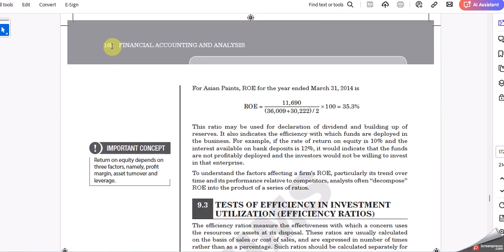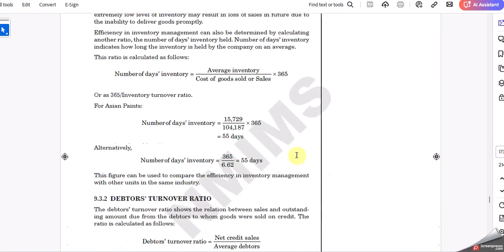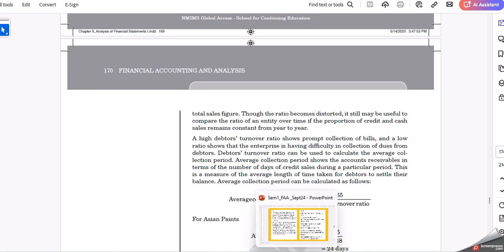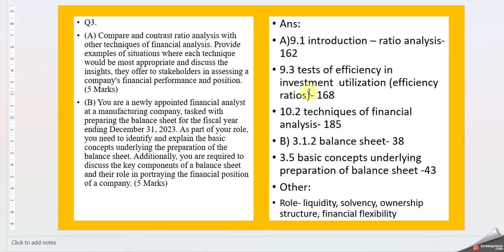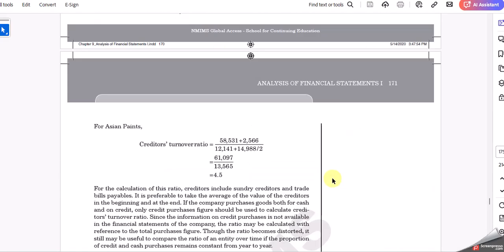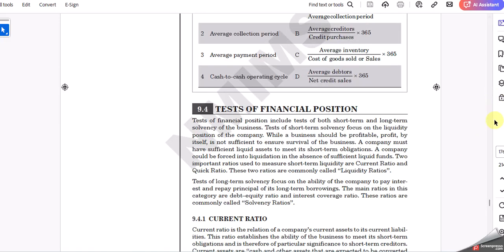Test 9.3 covers inventory turnover ratio, then debtors turnover ratio, then we go to techniques of financial analysis, 185, creditors, then cash to operation.